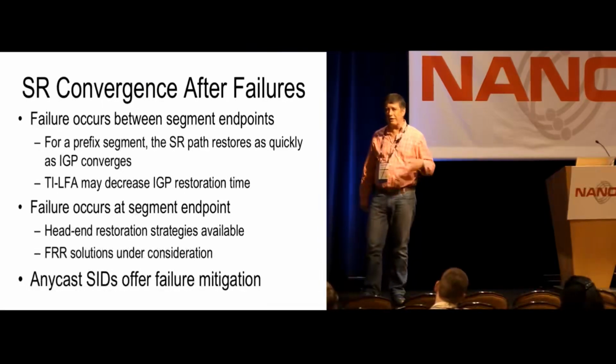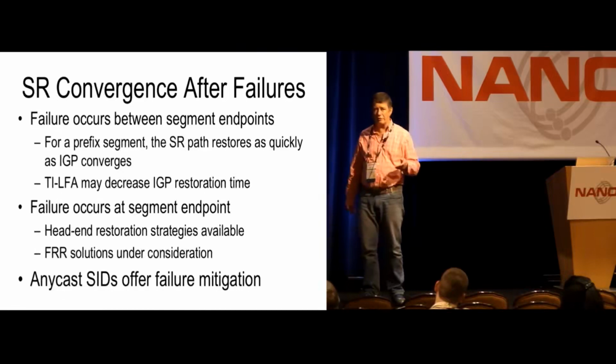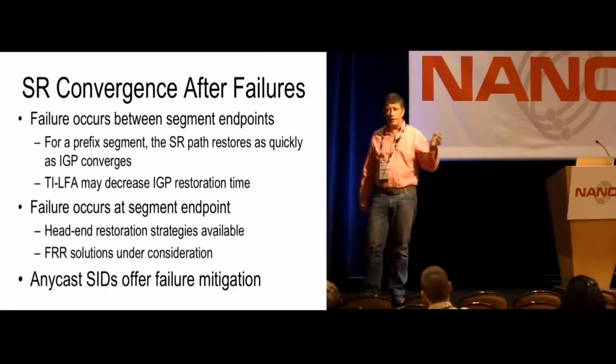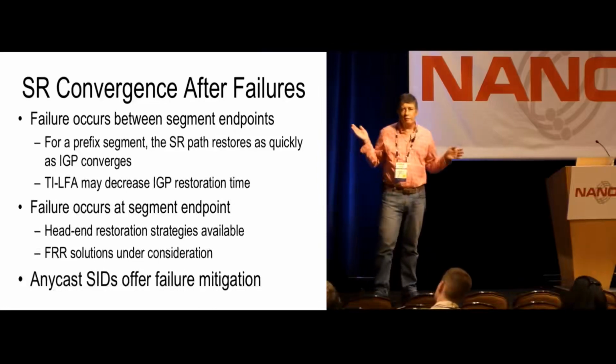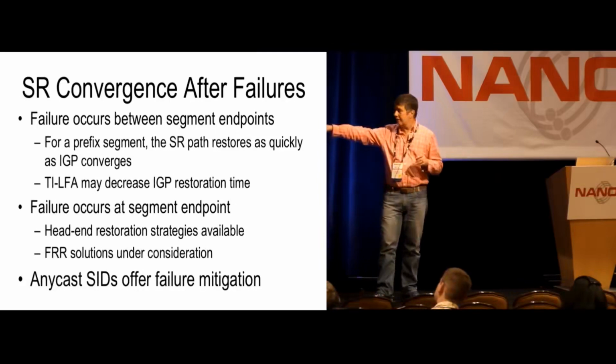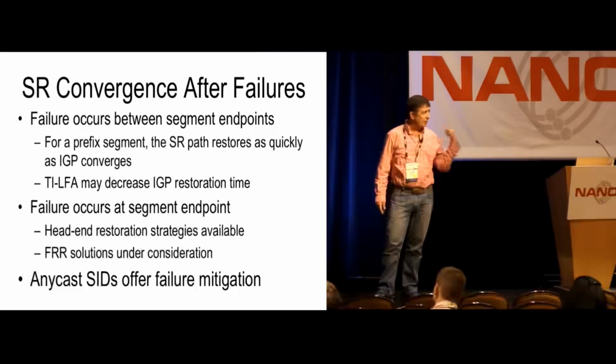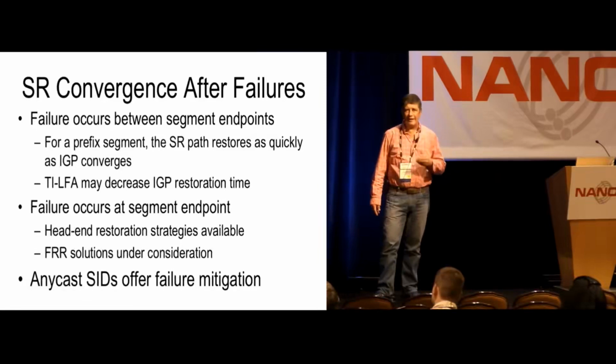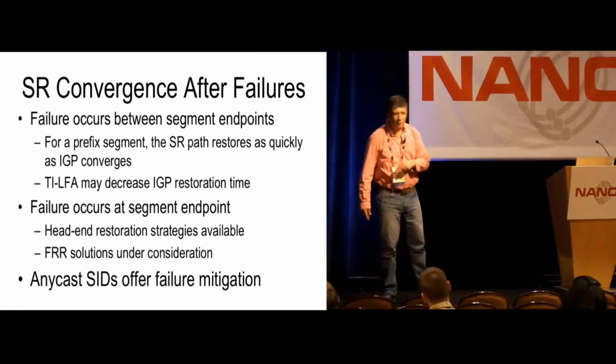Fast reroute possibilities are under consideration, but right now, head-end signaling is the way to fix this kind of failure. One way you can mitigate the effect of this is to use the Anycast SIDs, the way we talked about a few slides back. So yeah, the end of the segment is gone, but there's another one just like it waiting to take over.